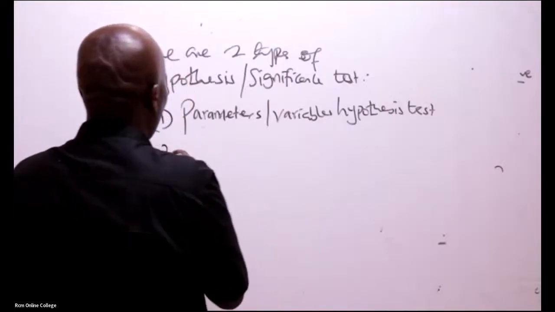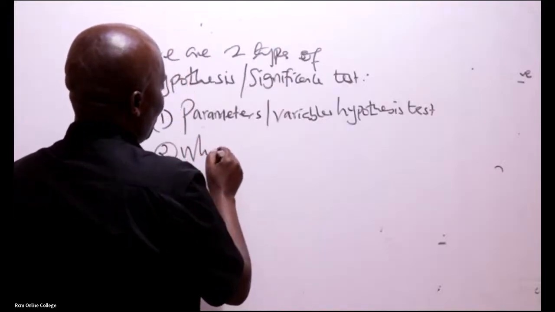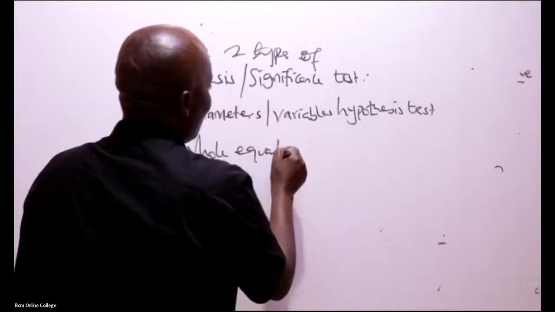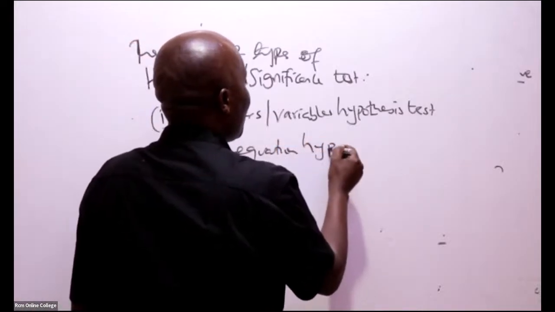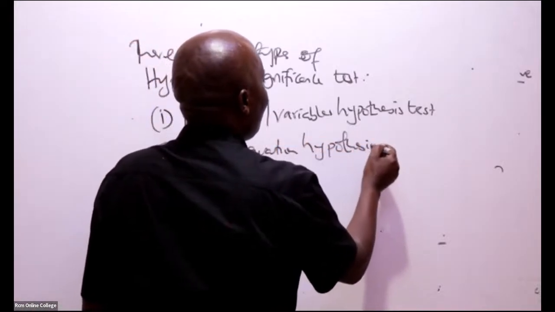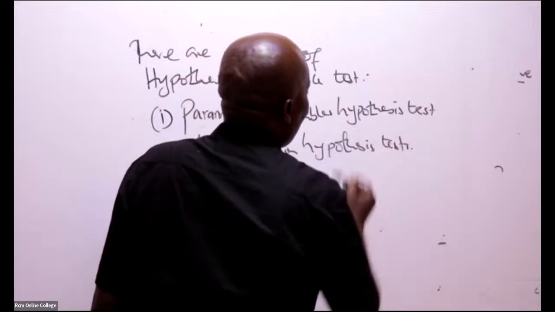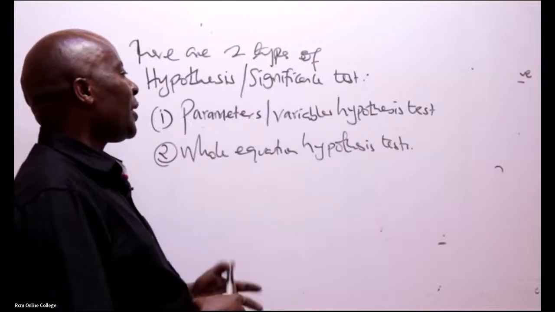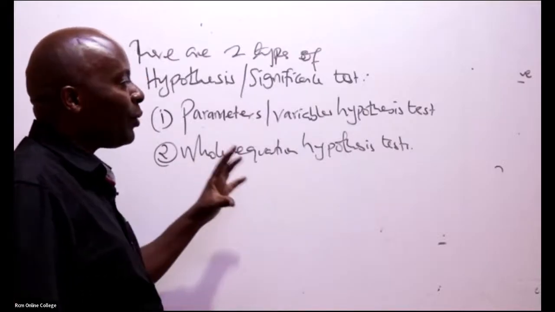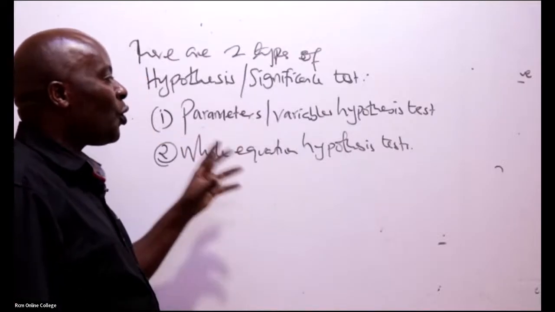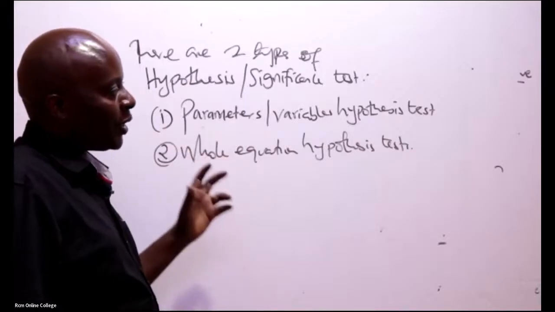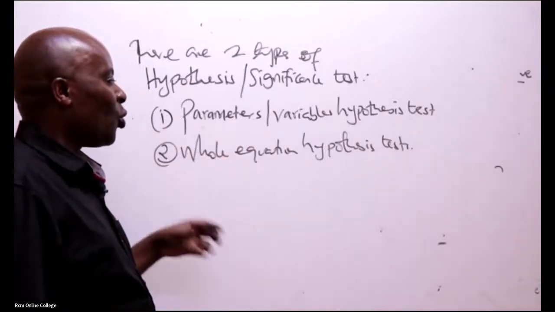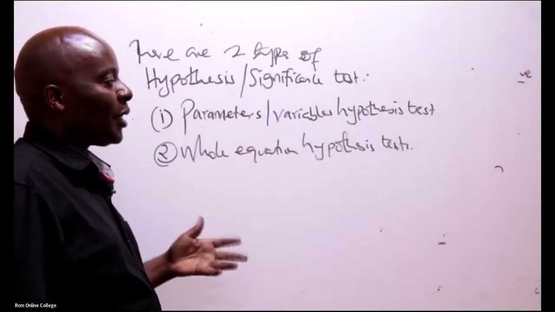And then number 2, we have the whole equation hypothesis test. So we have 2 types of hypothesis test: individual parameters, or variables, hypothesis tests, and the whole equation hypothesis test.